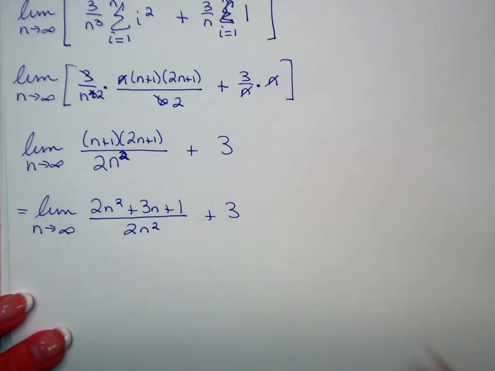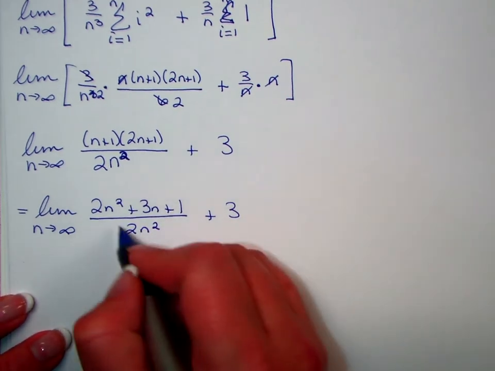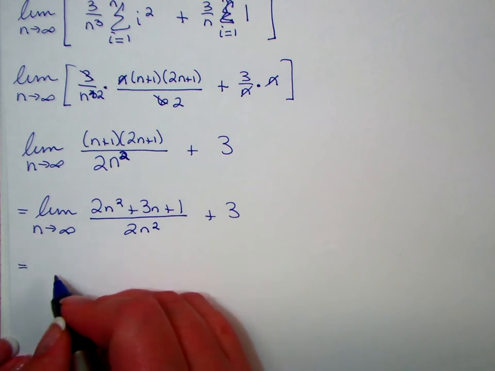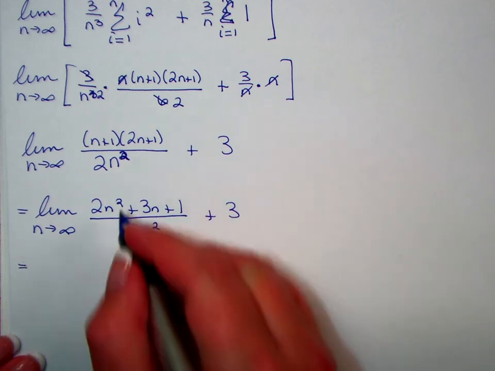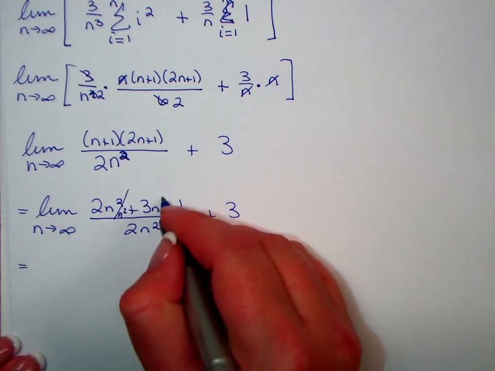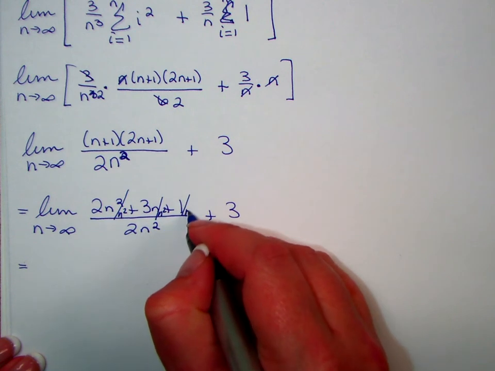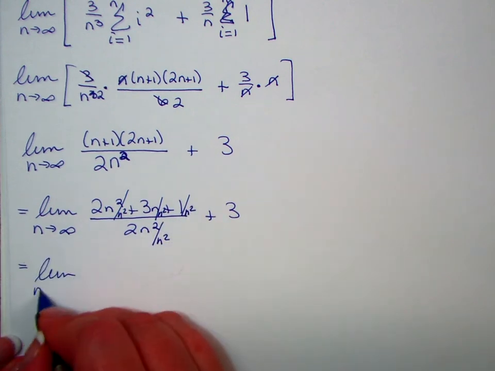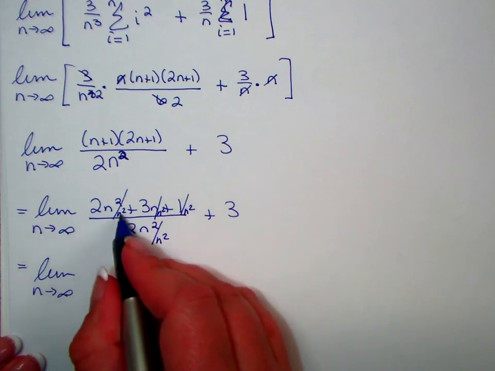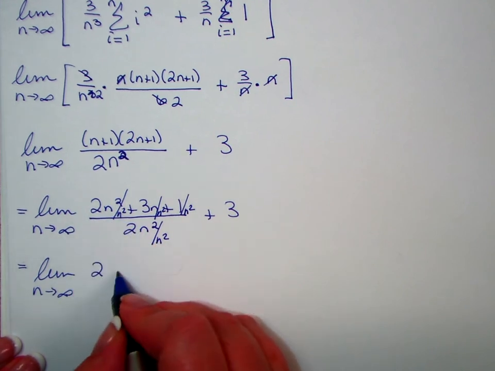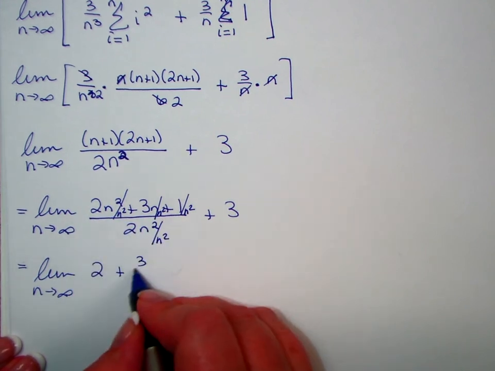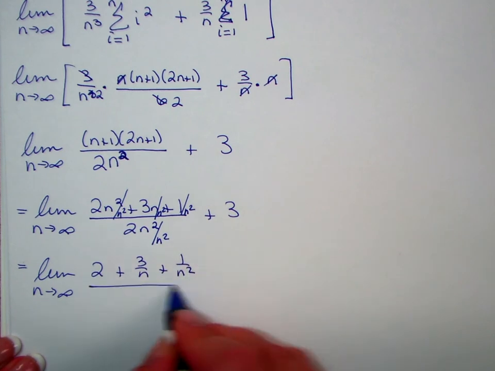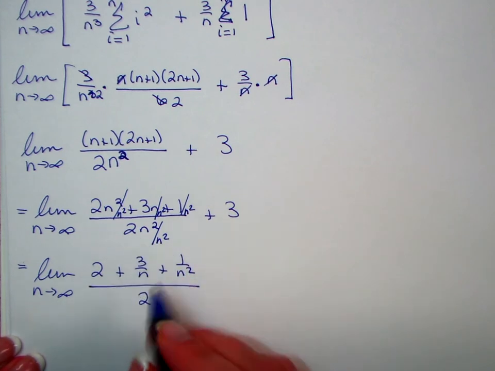I'm going to divide everything by n squared. So 2n squared over n squared is 2. This is 3 over n. And this is 1 over n squared. 2n squared over n squared is 2.